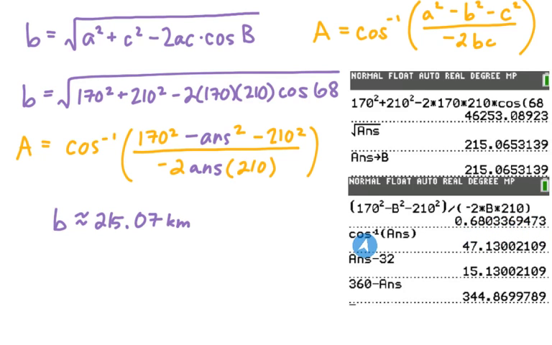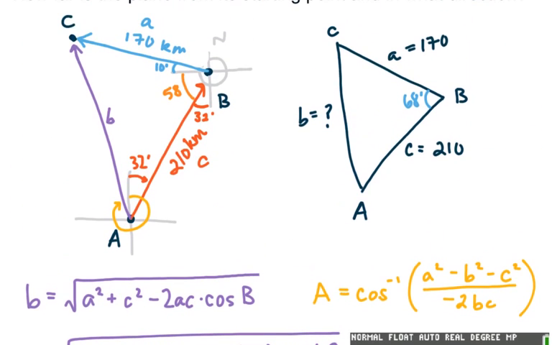So at this point I do cosine inverse of that answer, which gives me that angle A is roughly 47.13 degrees.